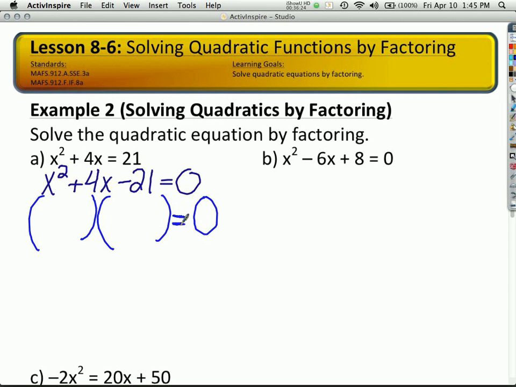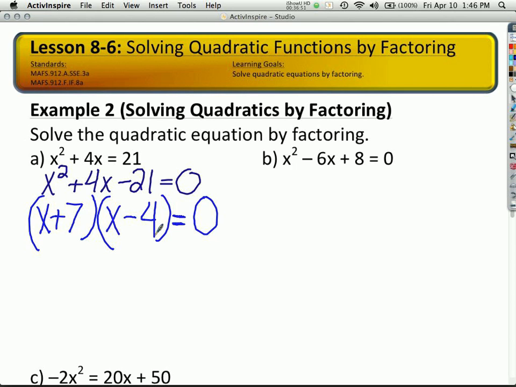Give me a thumbs up if you got the two factors. Good, good. Almost this whole team. Good. Put your thumbs down. Okay, Chopin, what are the two factors? X plus 7 times x minus 4.